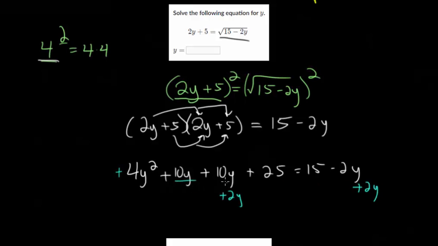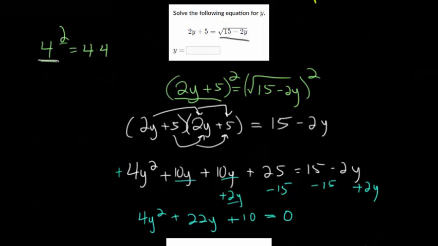And we can also combine these like terms and then add the 2y to that. And we'll also subtract 15 on each side so that we can essentially set one side equal to 0. So when we do all that, we get 4y squared. So 10y plus 10y is 20y, plus 2 more y would be 22y. And 25 minus 15 would be positive 10. And this is all equal to 0.